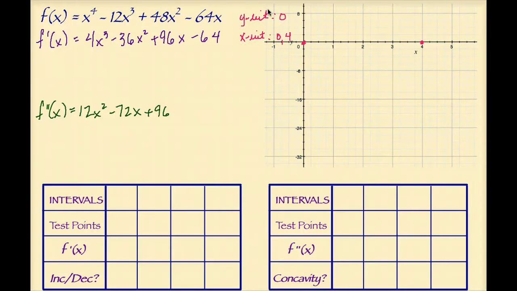Notice that I have brought the information regarding our intercepts over, and I plotted the x-intercept at 0 and at 4. And now let's set our first derivative equal to 0 to generate critical numbers from that derivative. We're going to factor out a 4 here, and that's going to leave x cubed minus 9x squared plus 24x minus 16.